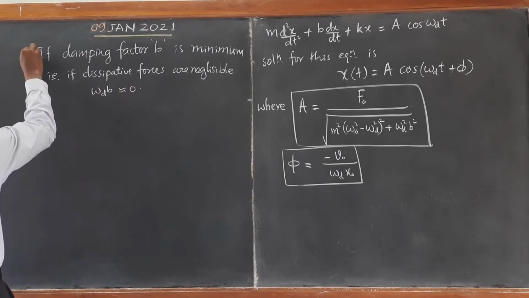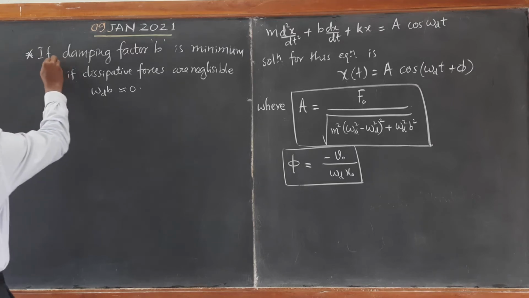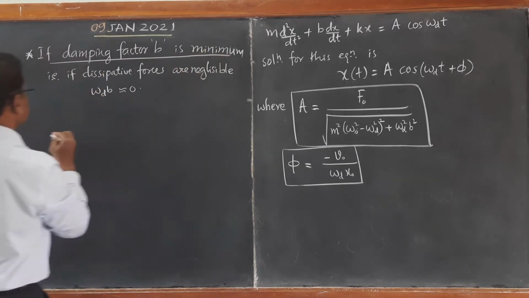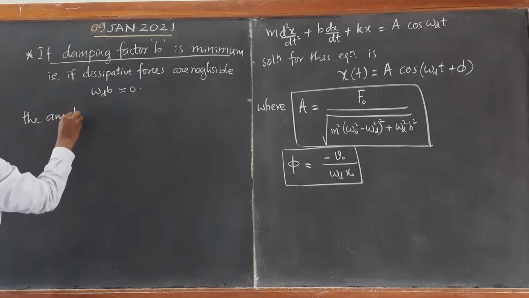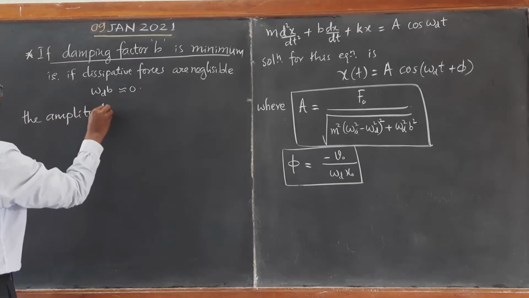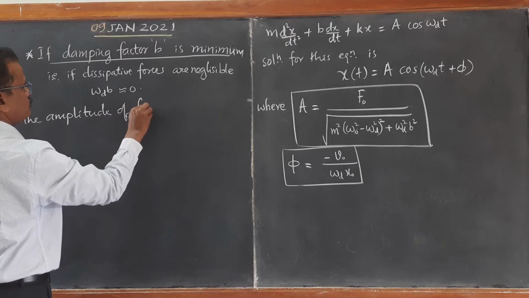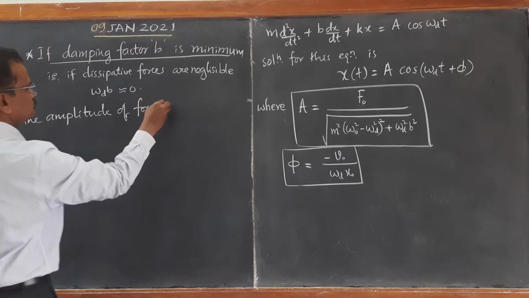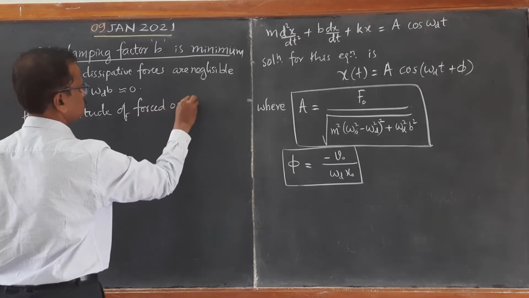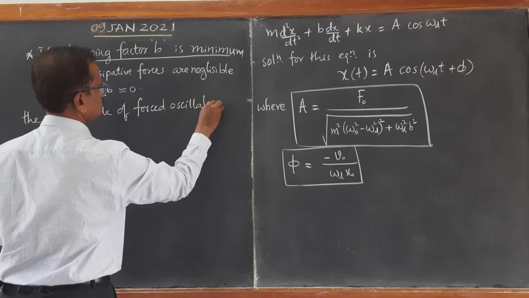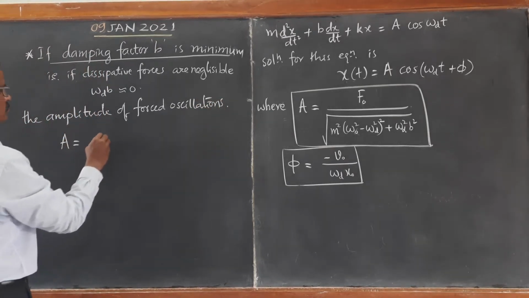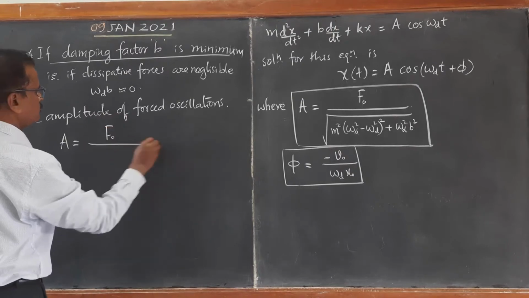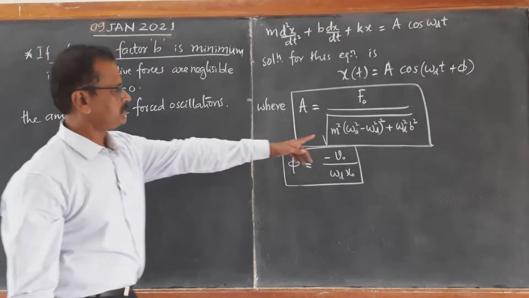Then for this case, the amplitude of forced oscillations A becomes equal to F naught divided by the square root of m square.